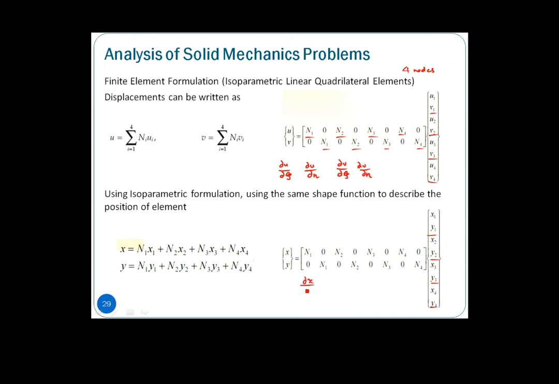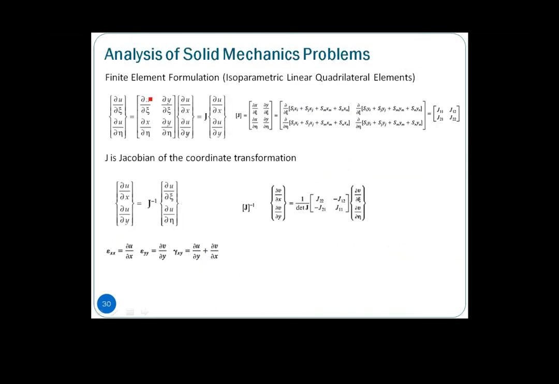Same here, we have del X, del psi, del X, del eta, and we can also find del Y, del psi, del Y, del eta. Right? So if we can determine these, then we can find our del U, del X, del U, del Y, as well as del V, del X, del V, del Y. So from there, we can find our strains, epsilon X, epsilon Y, and also gamma XY.